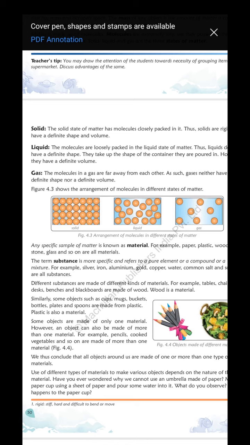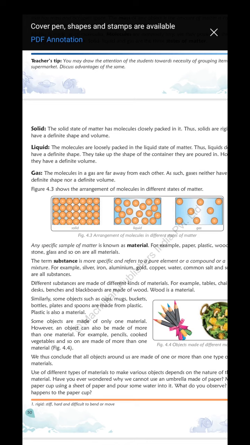We can compress it into a container, cylinder, or tube. Example: CNG. These are all the points about the states of matter.